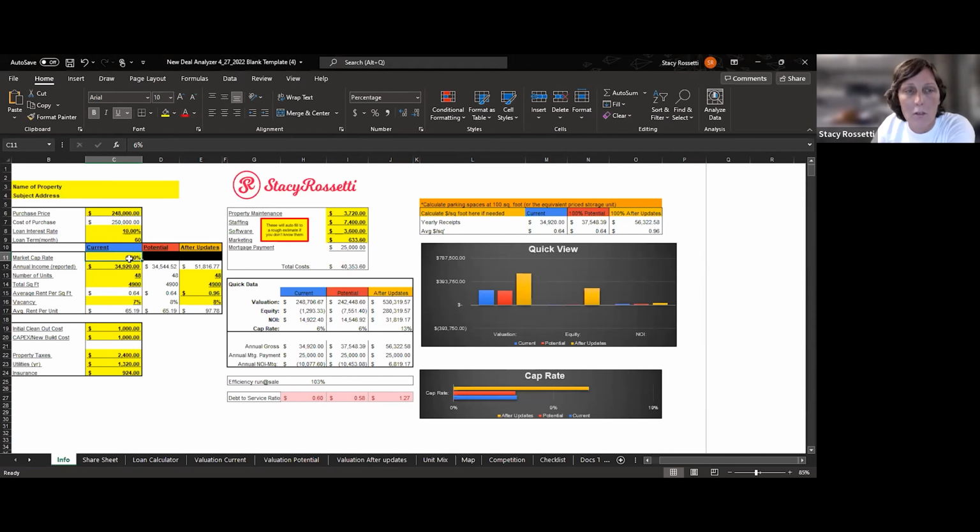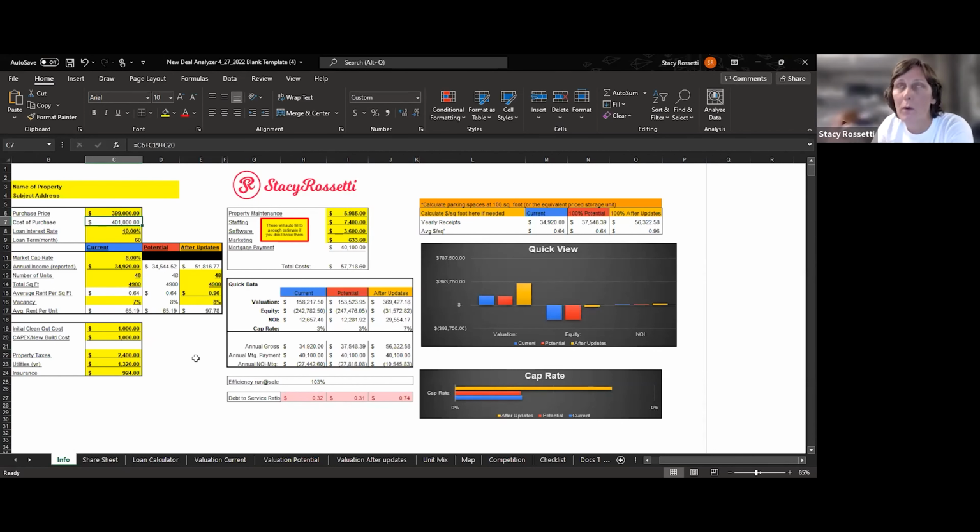Okay. So remember that it could be a 7 cap, it could be an 8 cap. Now, you could try a whole different set of numbers. Now the owner, the wholesaler, not the owner, but the wholesaler was trying to sell this property for $399,000. Okay.